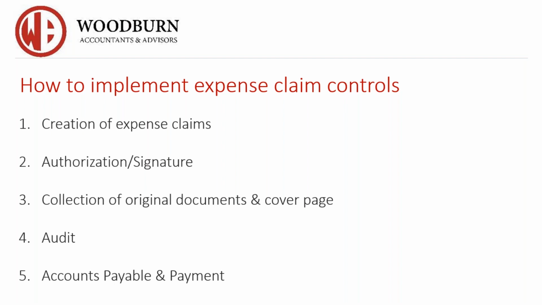Collection of the original documents and cover page. So the cover page is usually the expense claim page, and having that audited by your finance team, okay? And then once everybody has given the A-OK, it goes to the accounts payable and payment is then initiated. But this is basically a 5-step plan where internally you may have 1 to 3 different tiers of approvals just simply in regards to expense claim.